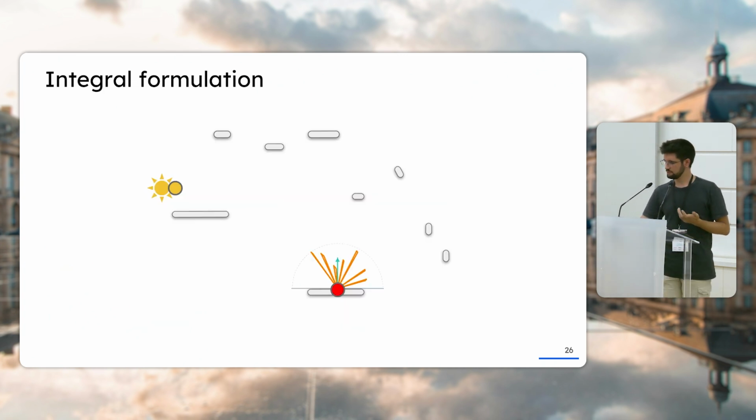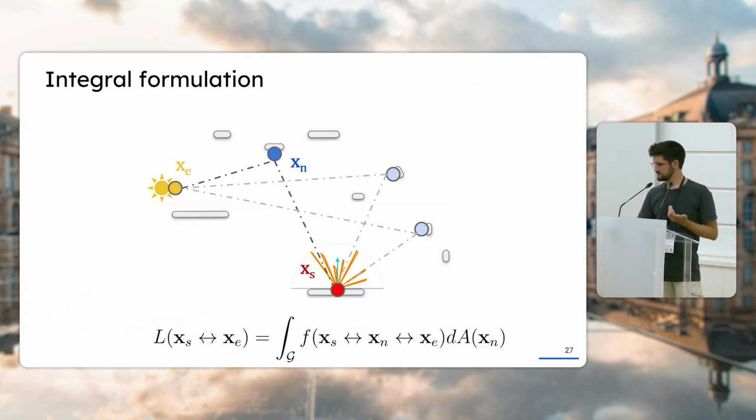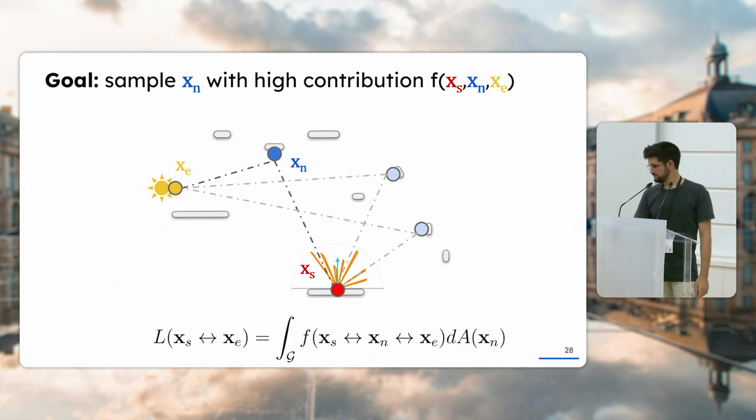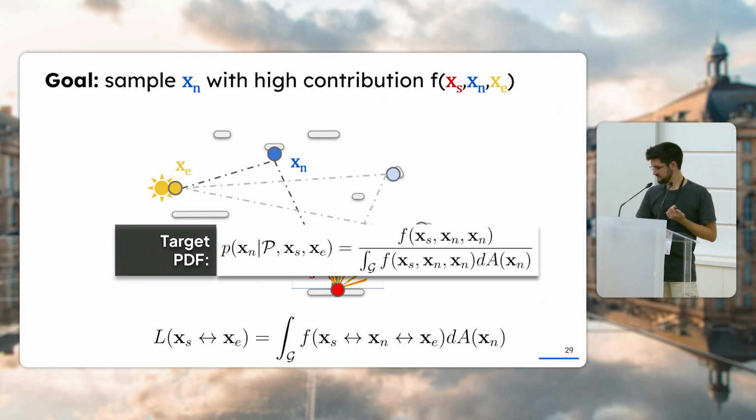So going back, we formalize our problem. We are trying to compute the integral of this light that reaches the point, which is the integral of the contribution of every single surface connecting the emitter to the shading point x. So our goal is to importance sample this integral by picking a high contribution x_n, as we said.